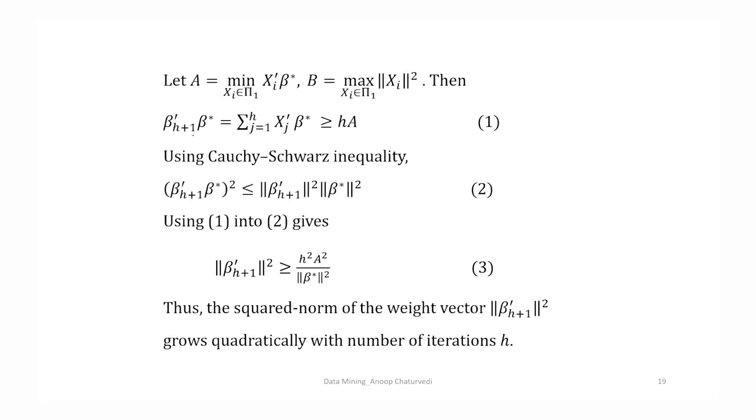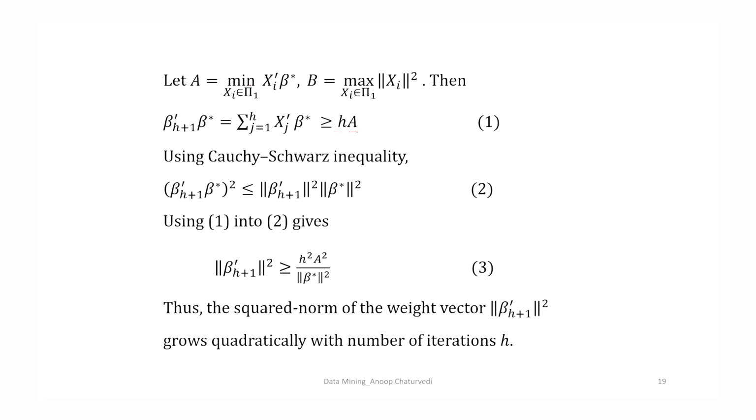Then beta h plus 1 transpose beta star, we substitute the value of beta h plus 1, which is equal to summation j equal to 1 to h x_j. So, we get summation j equal to 1 to h x_j transpose beta star, and this is greater than or equal to h times A, because what is A?